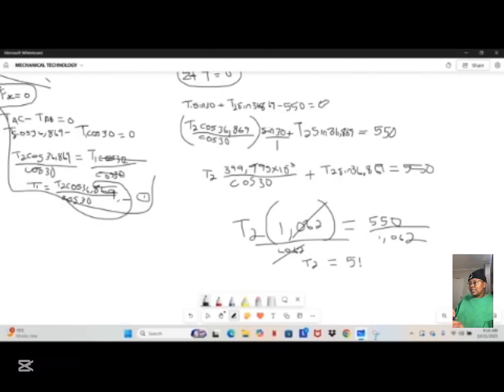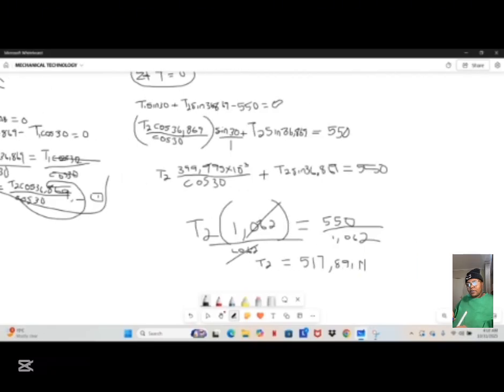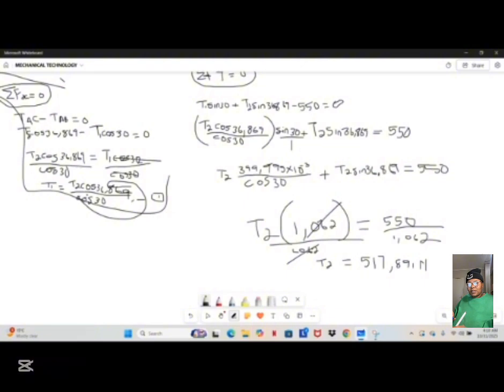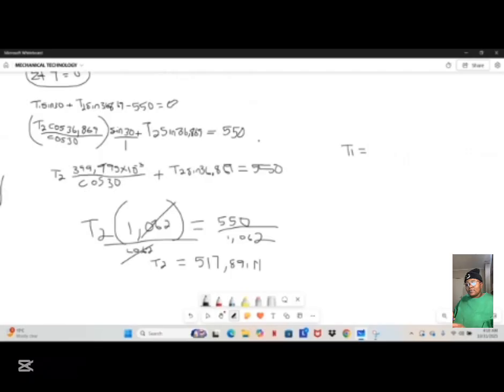You can choose which one you want to use over here, but we have T1, which is equal to T2 cos that, and then T2 we do have, which is gonna be 517.891 cos of 36.869 divided by cos of 30.